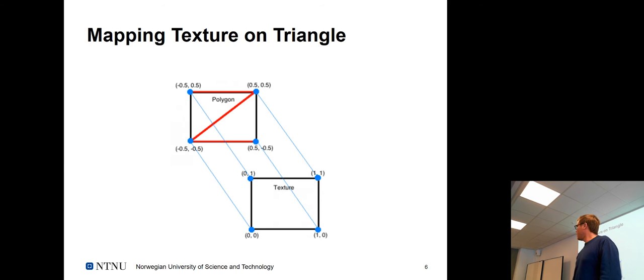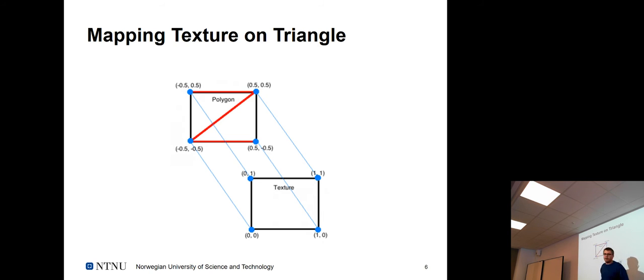What other alternatives do we have? We can have quad representations, but triangles is the default. So we need to be able to map the texture onto triangles. And for this reason, we need to identify which parts of the texture belong to which points of which triangle. That's done based on an index.